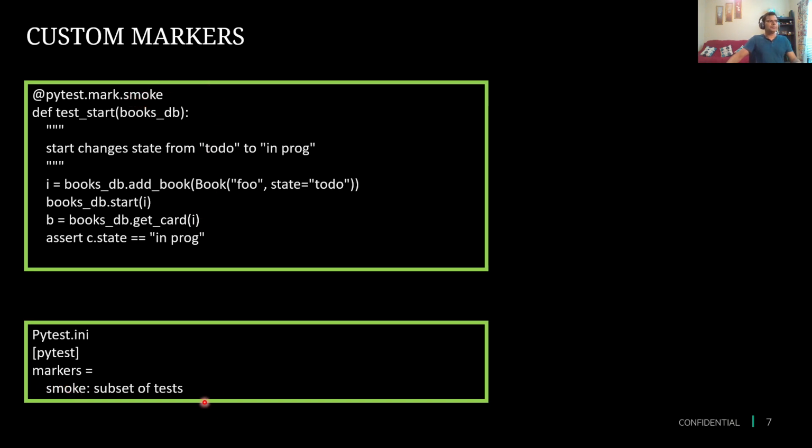So in this example we created a new marker smoke, and here we have registered that marker. By this information our marker is added, and now Pytest knows that yes, it is a marker and will not throw any warning. That's very handy.